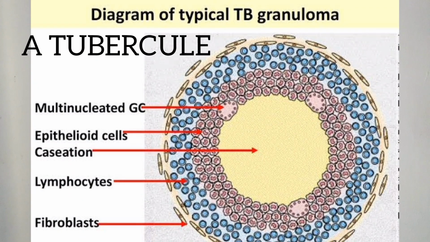In tuberculosis, the granuloma formed is called a tubercle. And this tubercle is characterized by a central caseous necrosis. Then you now see the epithelioid cells and then a rim of lymphocytes. But this is rare in other granulomatous diseases.